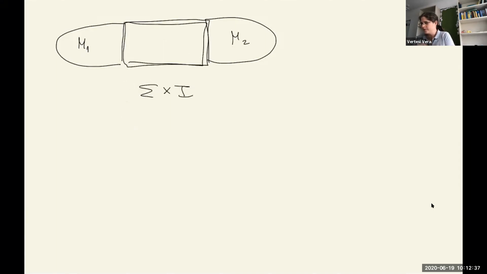I mean, this one has a Heegaard decomposition as well, which is coming from a Legendrian handle decomposition, from a Legendrian graph.